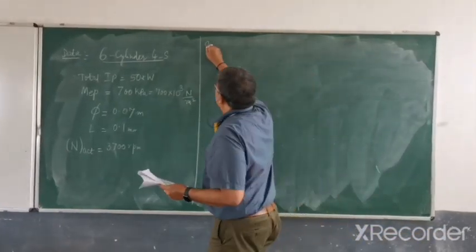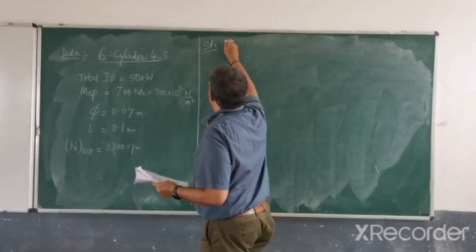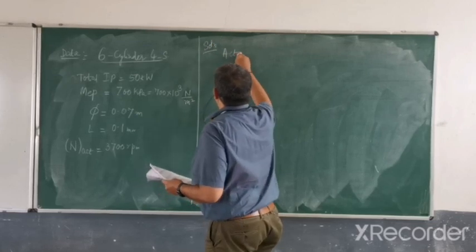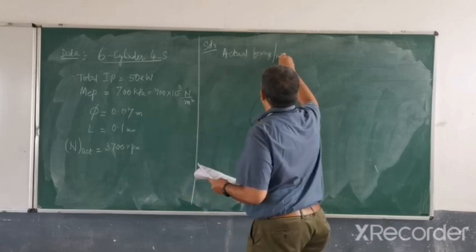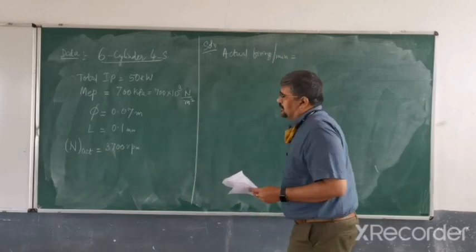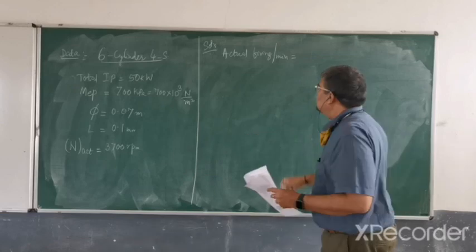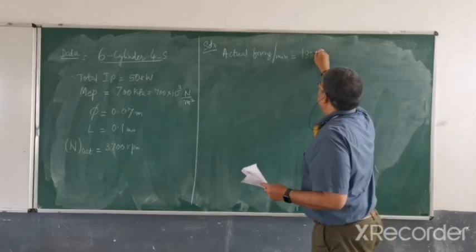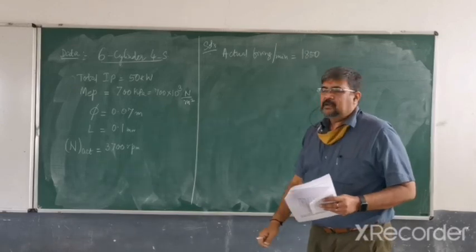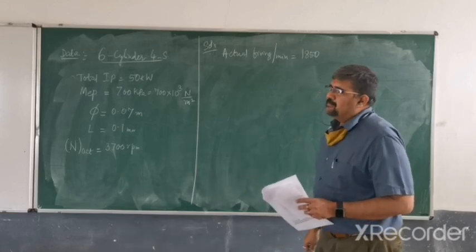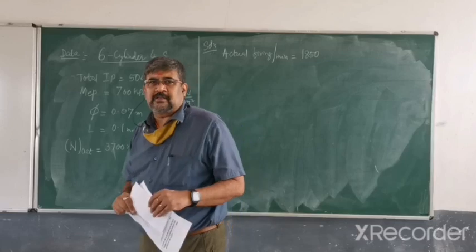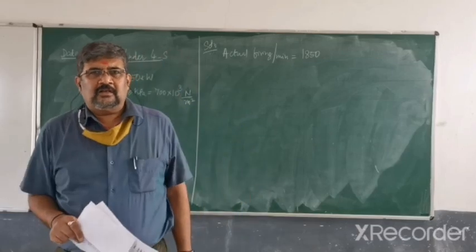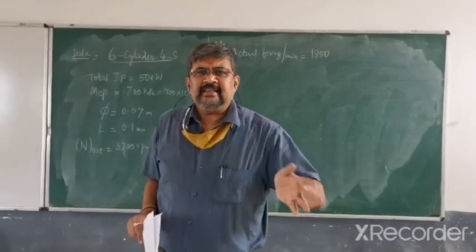Now, the first thing in the solution, actual firings per minute should be half of that, as I said, which is 1850. Now what we are going to do is find out the indicated power per cylinder, and then find out what is the engine speed from that, and then check.